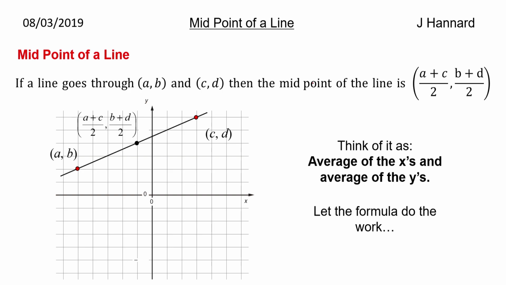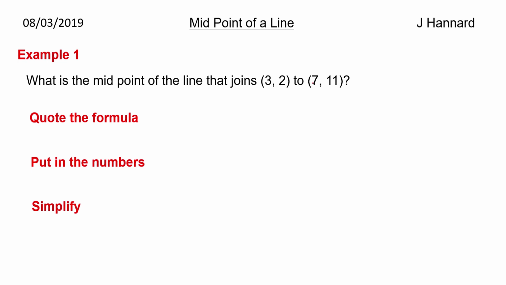If A was 1 and C was 3, then you'd know that the midpoint of 1 and 3 is 2, for example. But it is useful to have a formula in your backpack as you go into the exam.